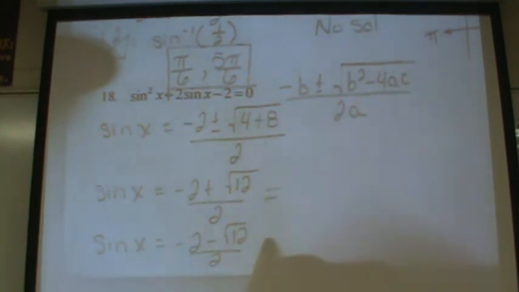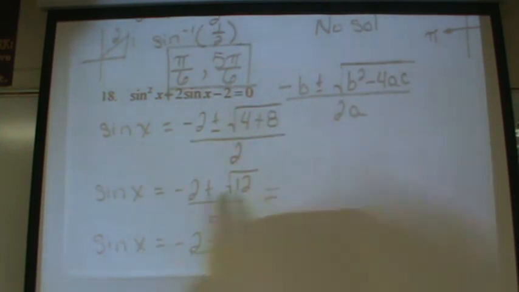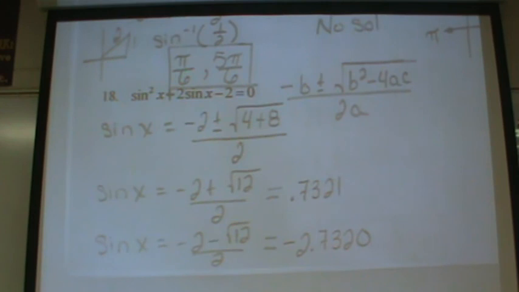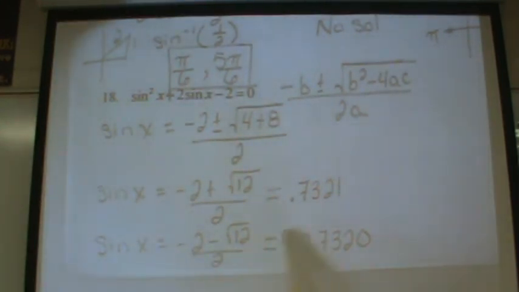Solving each of these as a decimal, we're going to get sine x equals 0.7321, and sine x equals negative 2.7320. So looking at our two answers, if we were to take the inverse sine of our second one, this again is going to be outside of our domain, so we get no solution.